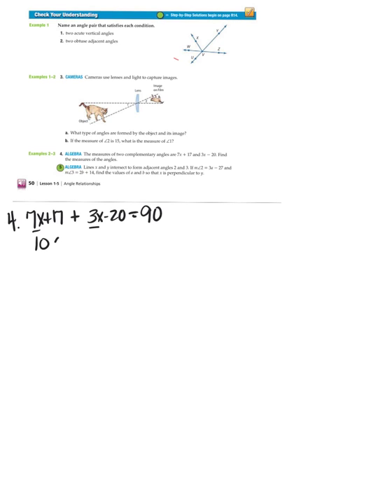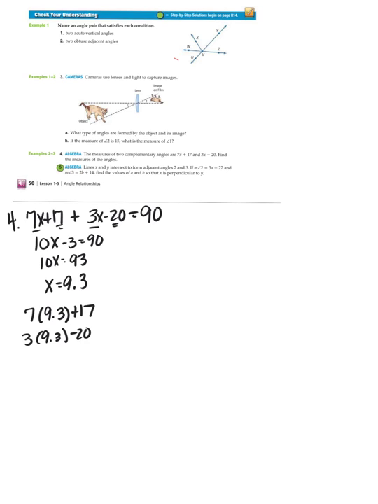Combining on both sides, 10x minus 3 equals 90. 10x is 93. X is 9.3. And then remember to solve this and answer the question, I have to go back and plug in the 9.3 to find these two measures.